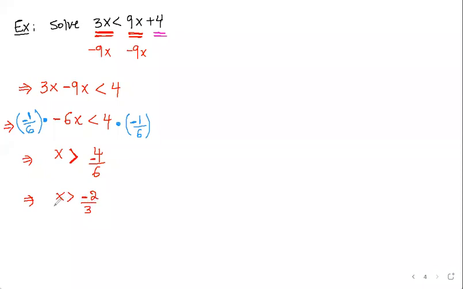Like 0, 1, 2, 3, 4, 5. This is the solution for this inequality. If you plug in 1, we get the right answer. 2, yes. 3, yes. How can we graph this answer? By using the real line.